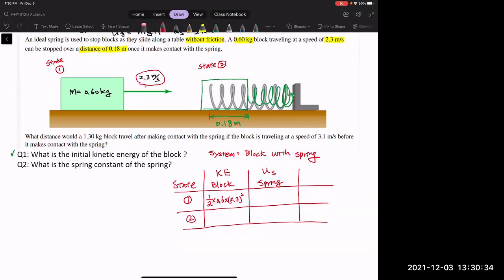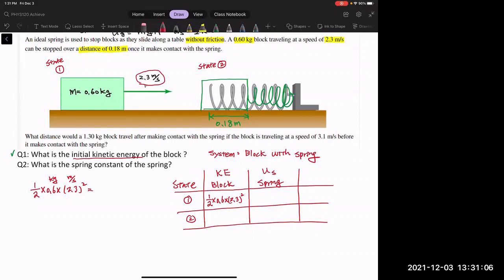So your initial kinetic energy is 1/2 times 0.6 times 2.3 squared. I didn't write the unit, but this one should be in kilograms and this one should be meters per second. If you use these units for the calculation, then the result is going to give you the energy in joules. So multiply these all together, and they give you a value.